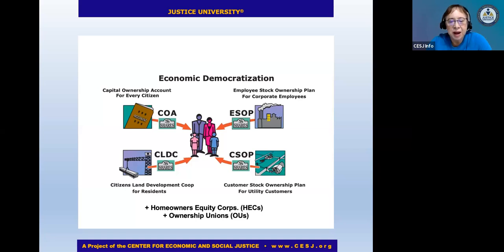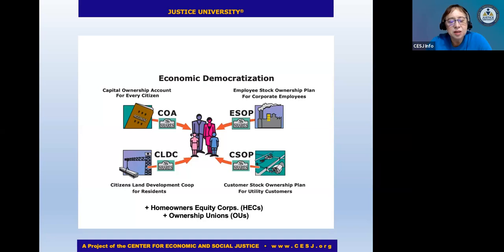And then we have the CSOP, Customer Stock Ownership Plan, which mainly would be for utility customers or could be for something like Amazon, where instead of a few people really owning the bulk, the customers would have ownership with specific shares.